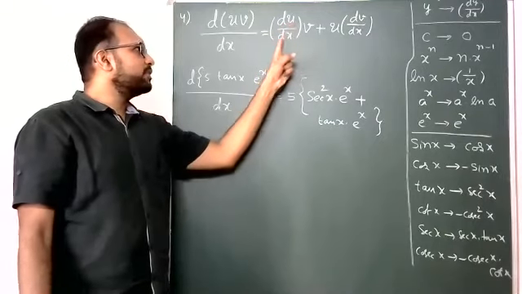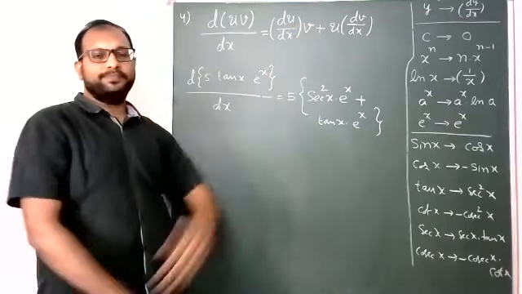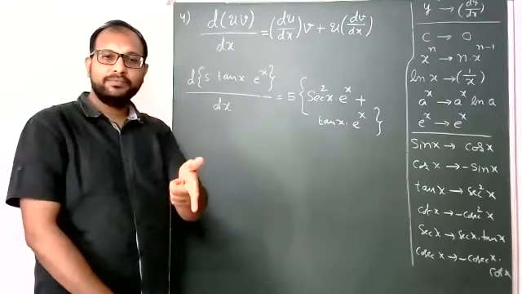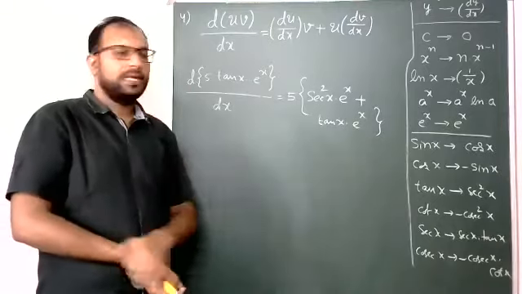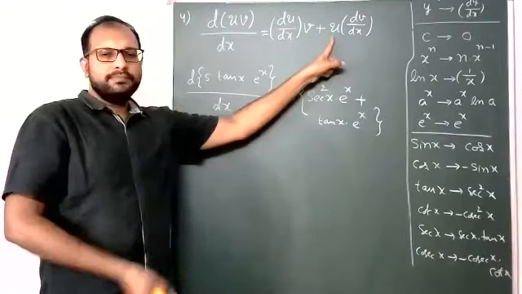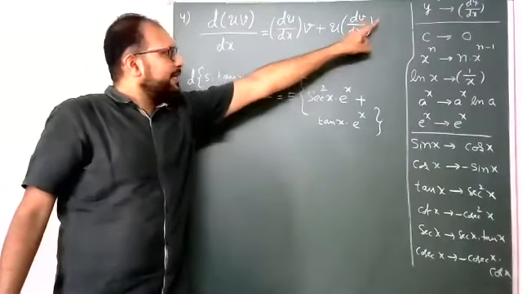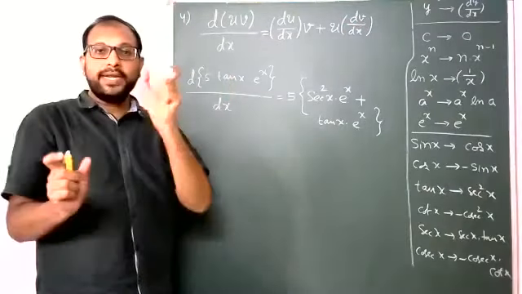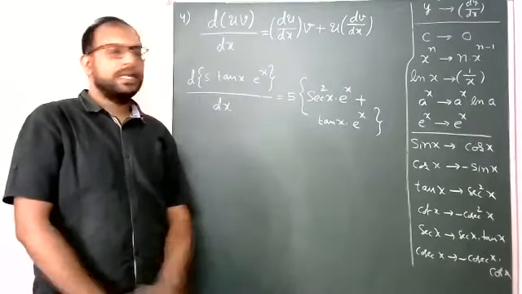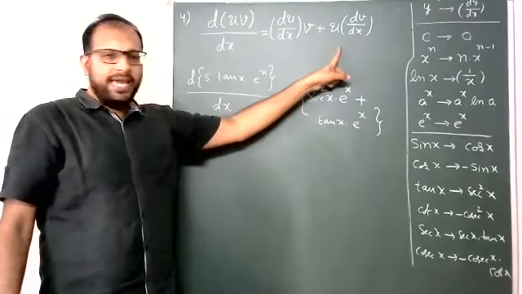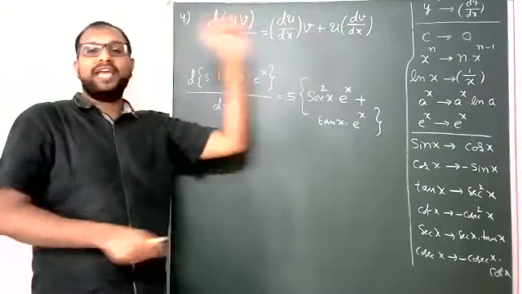Derivative of u with respect to x into v into w, v and w as it is, plus u into derivative of v with respect to x into w, u and w as it is, plus u into v as it is, derivative of w with respect to x.